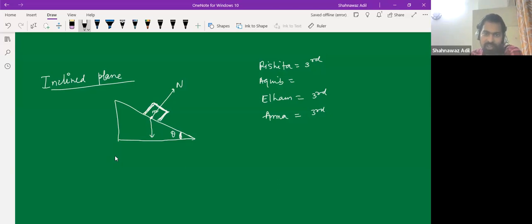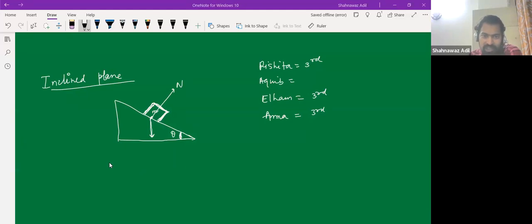The object is put like this, but the gravity is always downwards. It doesn't care about the surface. Whatever the object, it will face a downward acceleration, a downward force. So this would be mg.